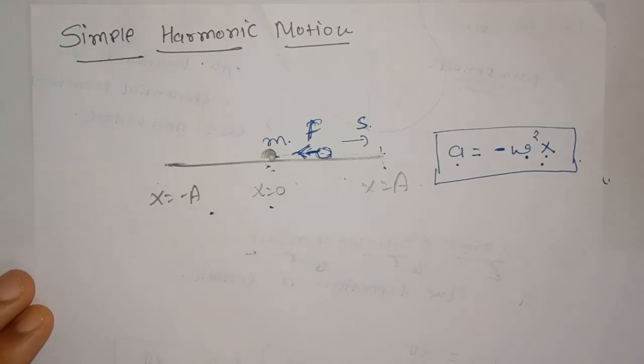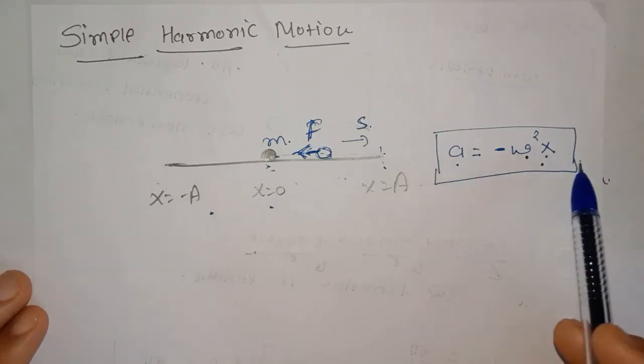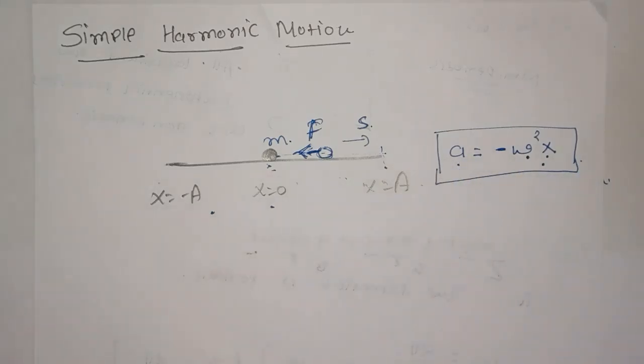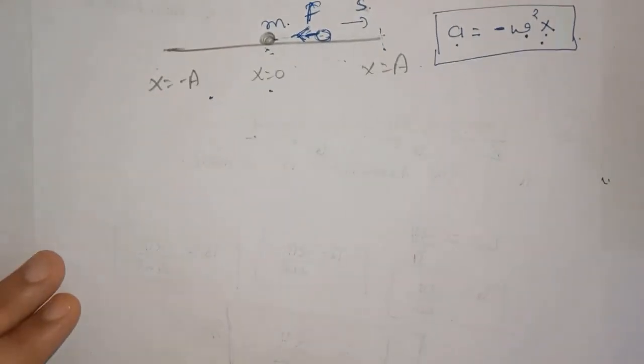So, for any motion to be simple harmonic motion, its acceleration should follow the equation a equals minus omega square x. To prove any motion to be simple harmonic motion, there are 3 simple steps.